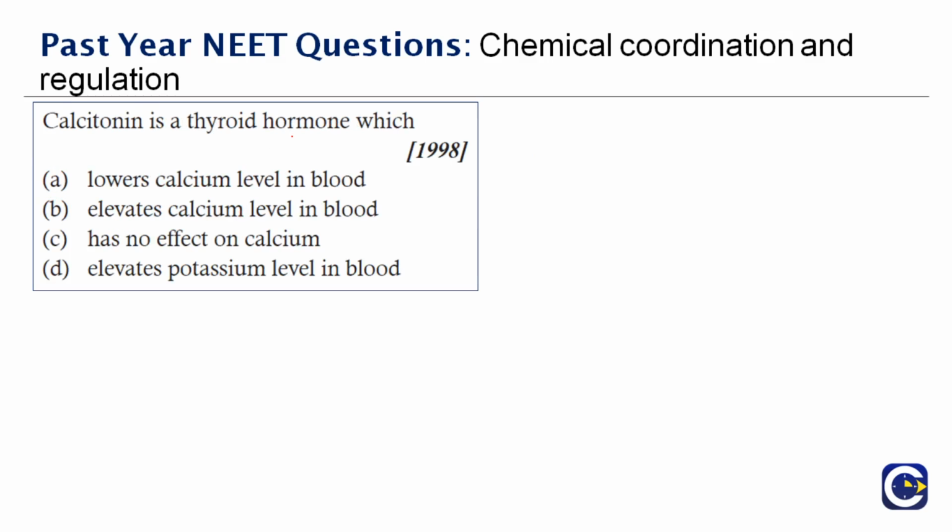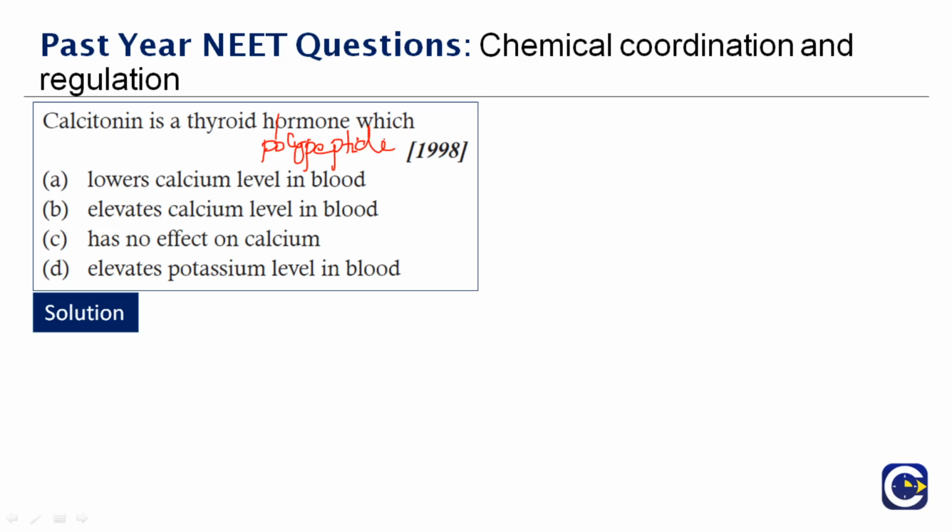Next question here. Calcitonin is a thyroid hormone which dash. Calcitonin is actually a polypeptide hormone, which lowers the calcium and the phosphate level of the plasma by inhibiting bone degradation and stimulating the uptake by the bone.